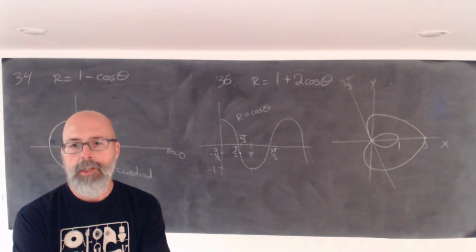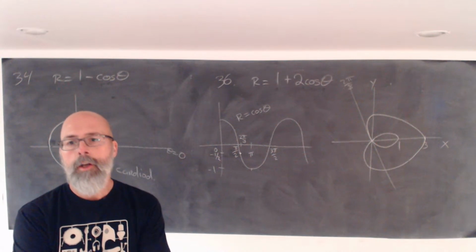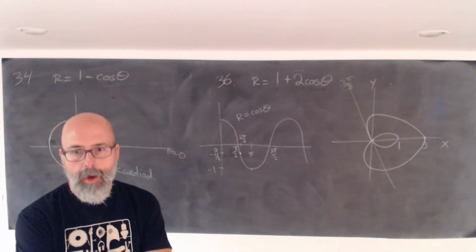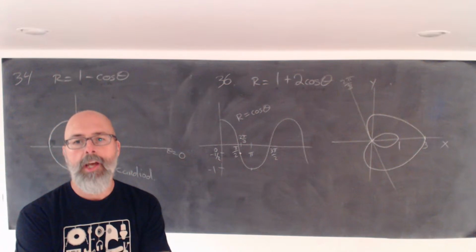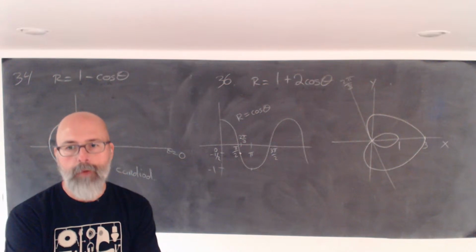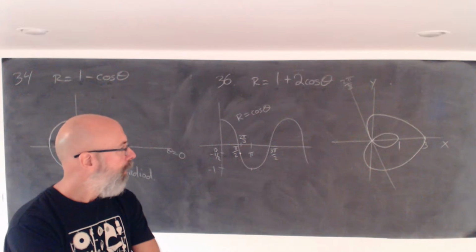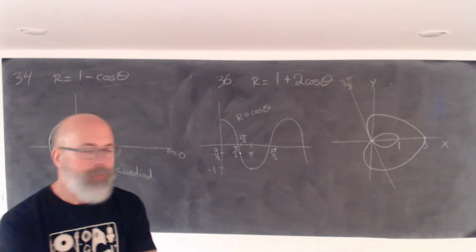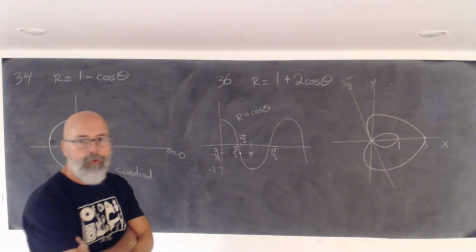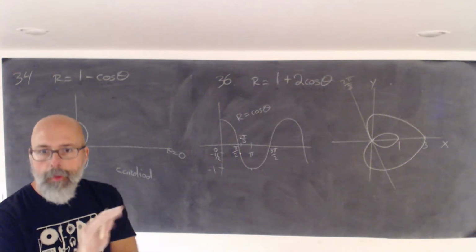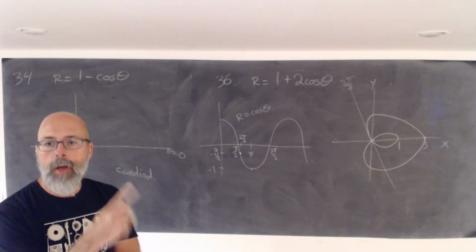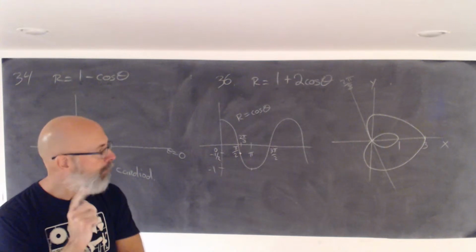So Cecilia is asking, since cosine and sine are periodic of period 2 pi, can we generally say that the graphs repeat for every 2 pi? Absolutely. If you're graphing something that only involves sines or cosines, then for sure you're going to have this periodicity.